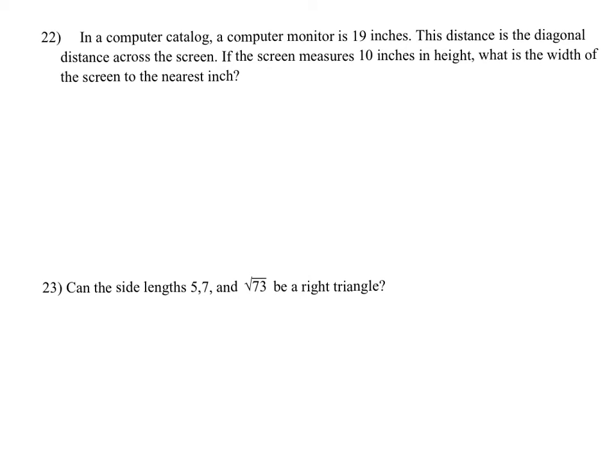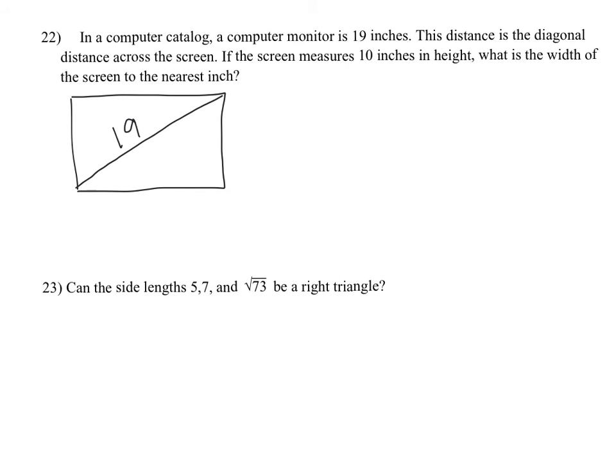Okay, number 22. In a computer catalog, a computer monitor is 19 inches. This distance is the diagonal distance across the screen. So another fabulous picture. There's your computer monitor. And we said it's 19 inches, so it is the diagonal.